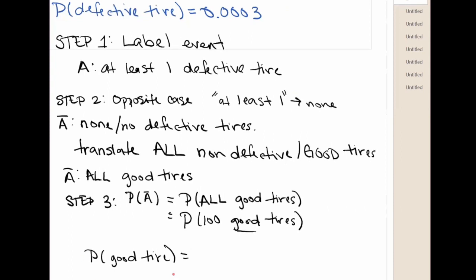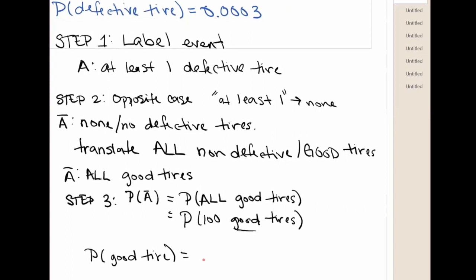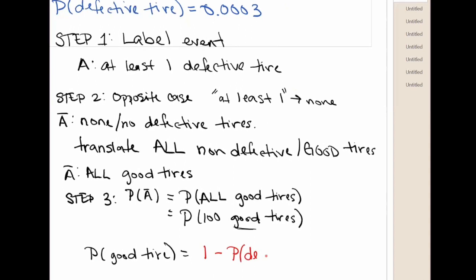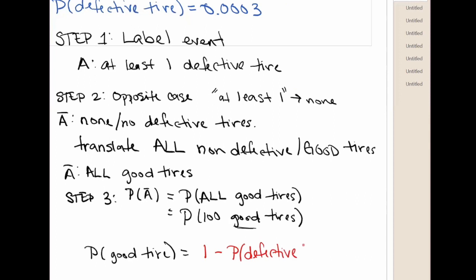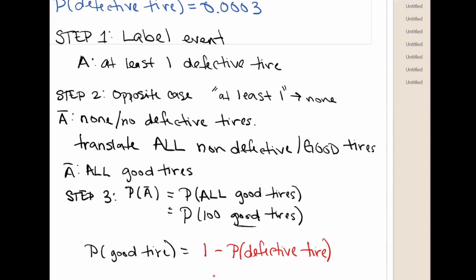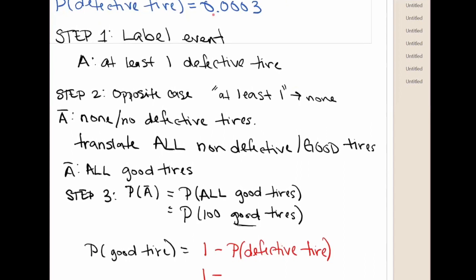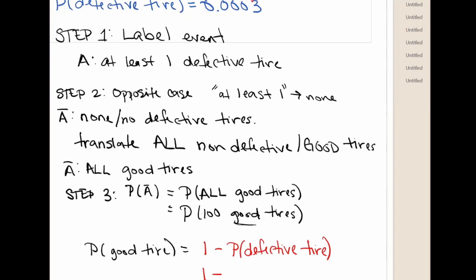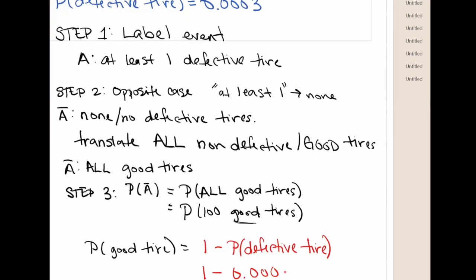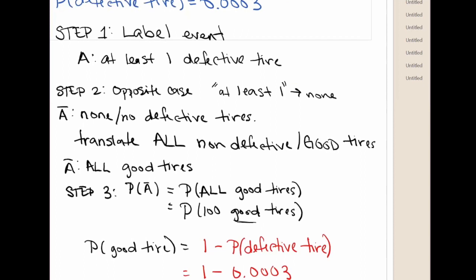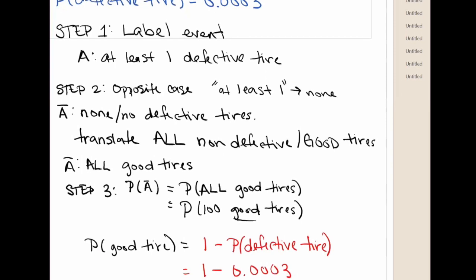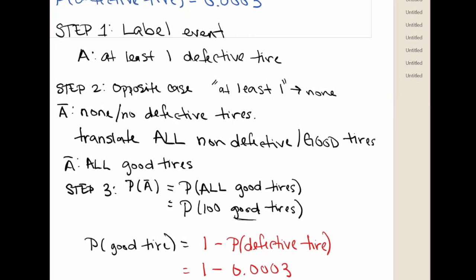If I want the probability of getting a good tire, it is really 1 minus the probability of a defective tire, which we know was 0.0003. So I have to subtract that probability from 1, and if I subtract it from 1, I would end up with 0.9997.